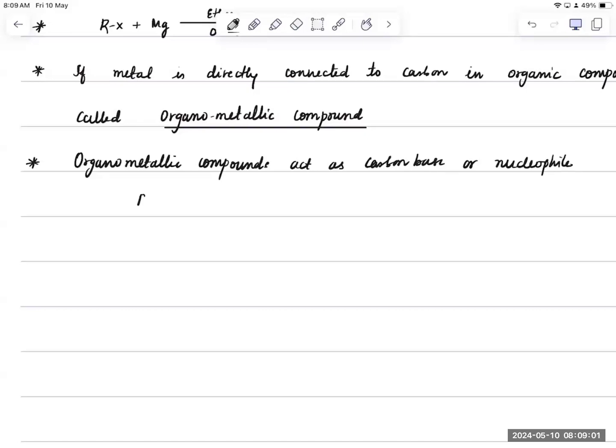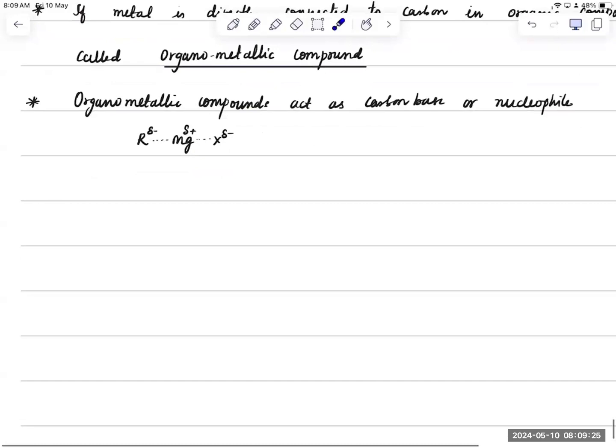In short, you can check it this way: R minus, Mg plus, and X minus, like this. So you can imagine that R here is acting like a minus, which means it can act like a base or like a nucleophile.